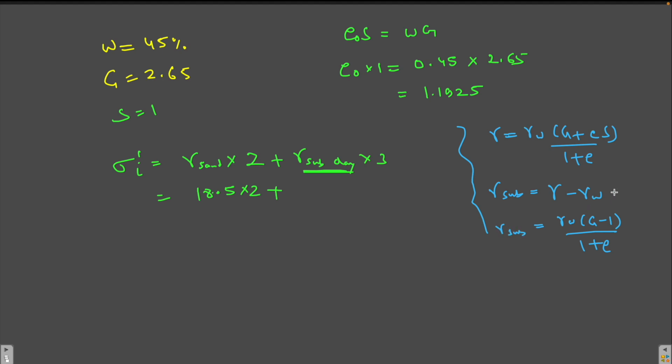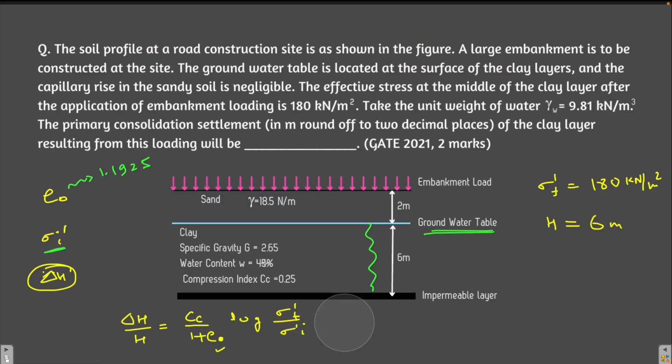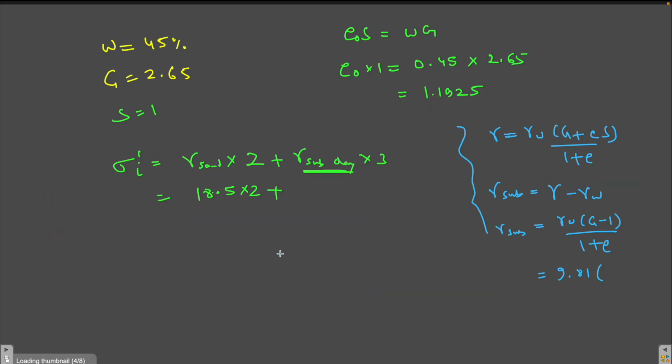This is the basic equation of gamma submerged that we are using. So it is gamma W. What is the value of gamma W? We are going to take 9.81. What is the value of G given in the question? G is 2.65. So it is 2.65 minus 1 by 1 plus e. What is the value of e? It is not given in the question. What we have done, we have found out the value of e.